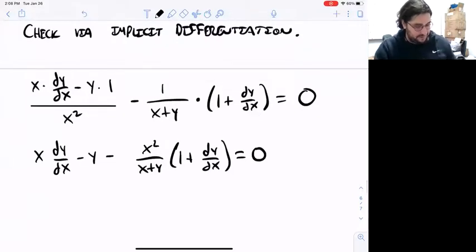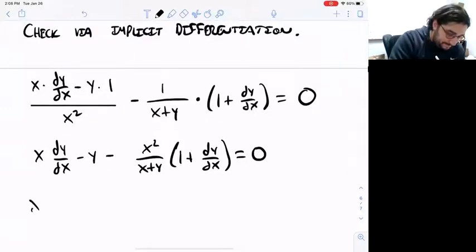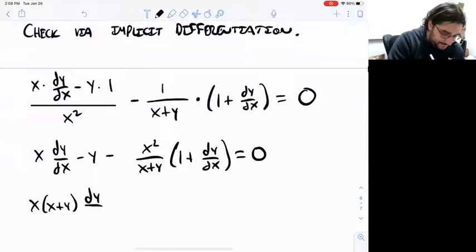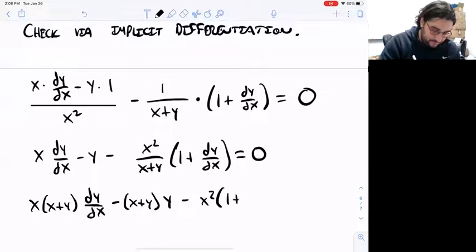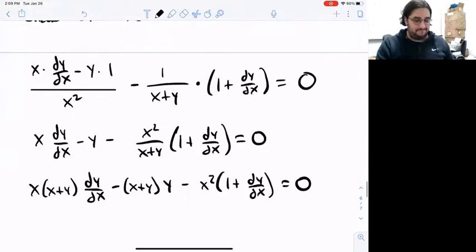Right, that's looking quite a bit better. Let's then also multiply everything by x plus y. There we go. So now we don't have any fractions.